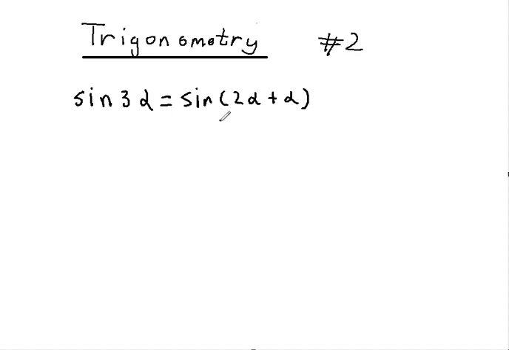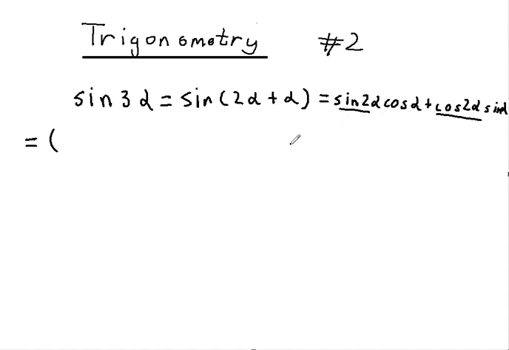So we can instead do it twice. We start with 2 alpha plus alpha, which will give us sine 2 alpha cos alpha plus cos 2 alpha sine alpha. And then we can again change the sine 2 alpha and cos 2 alpha.